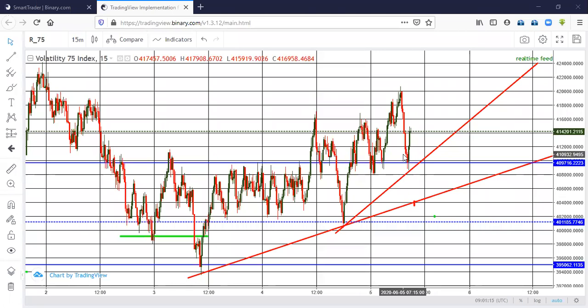Remember, we normally don't know where the market direction is going to be. So the conditions will always continue changing, they won't remain the same.